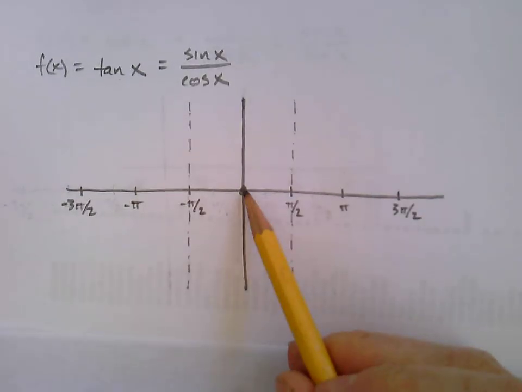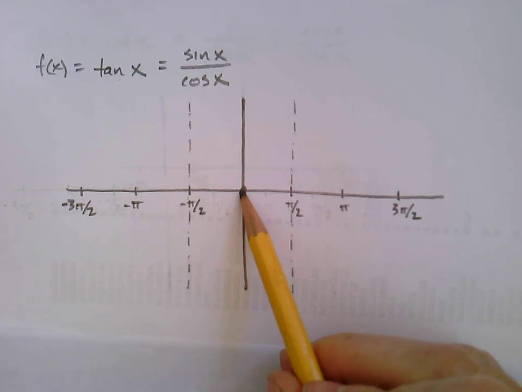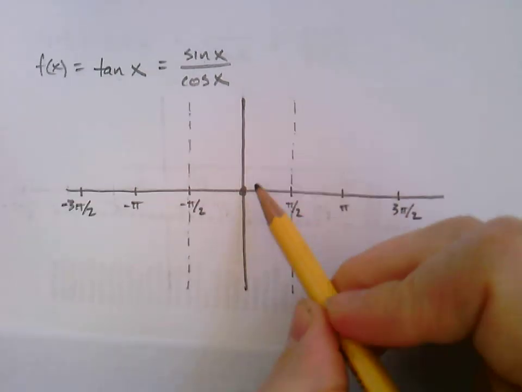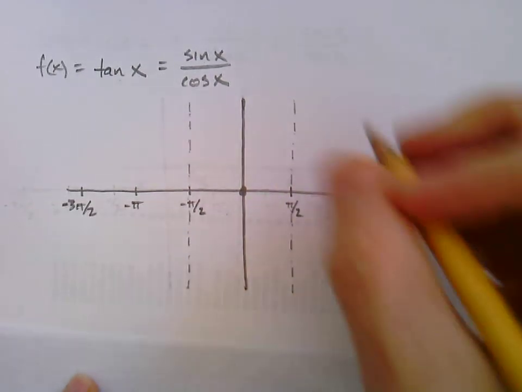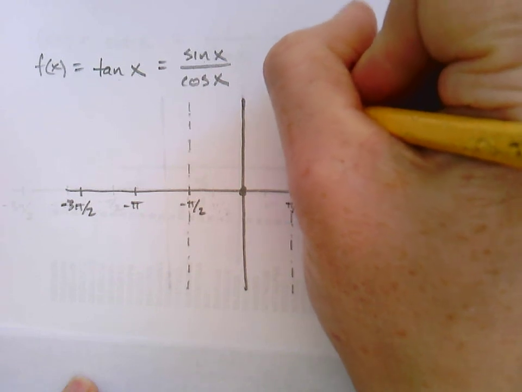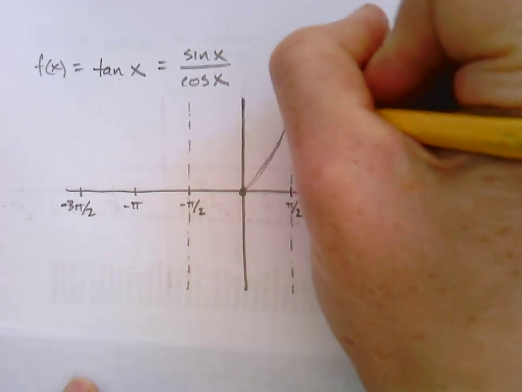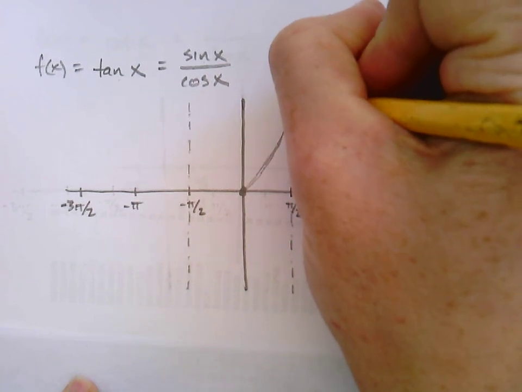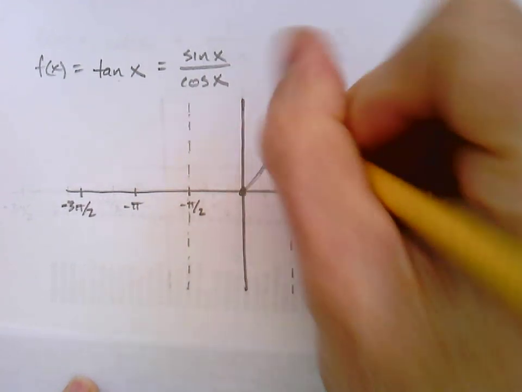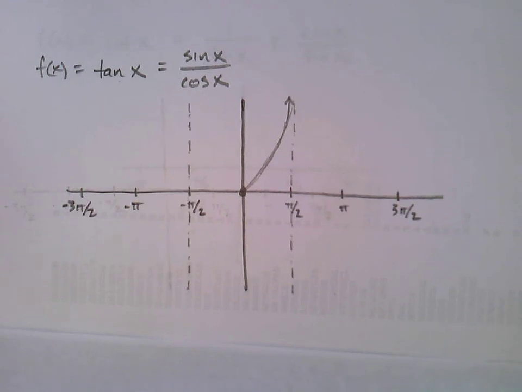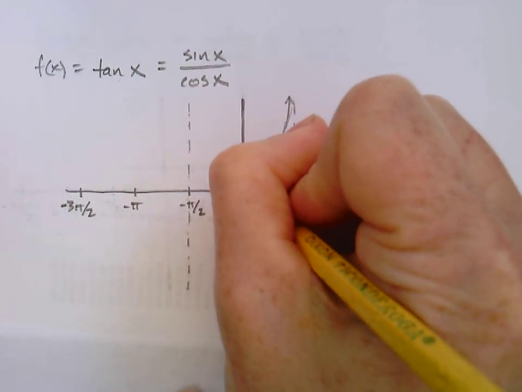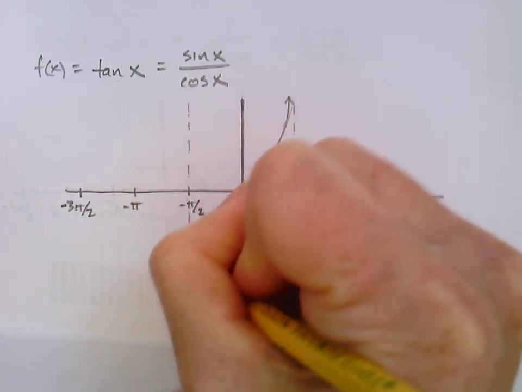So it turns out the tangent of 0 radians is 0. And as we move positive, it's going to shoot up against that vertical asymptote like so. And coming back the other way, same idea.